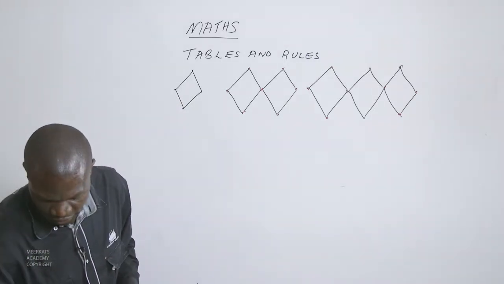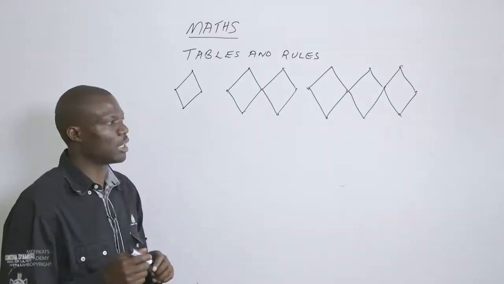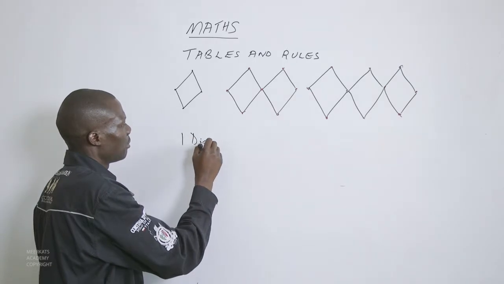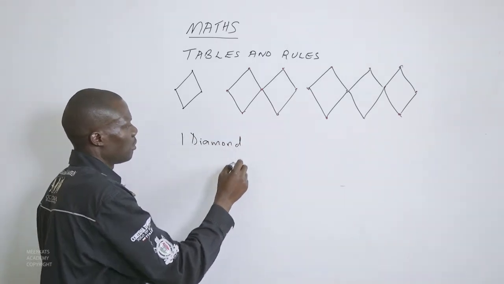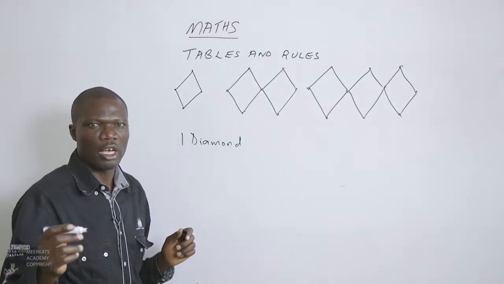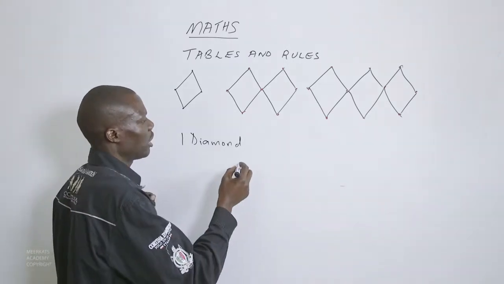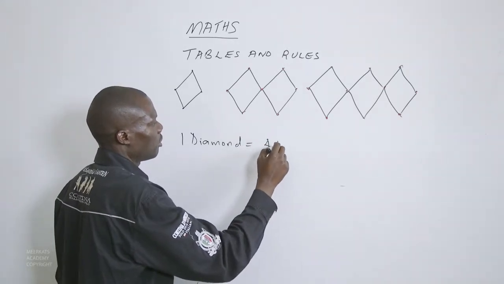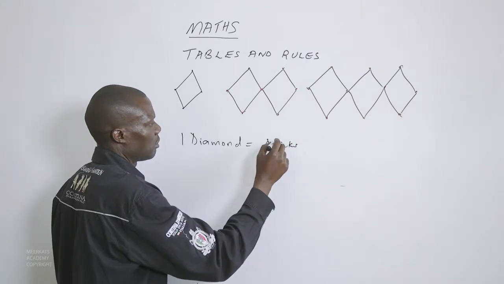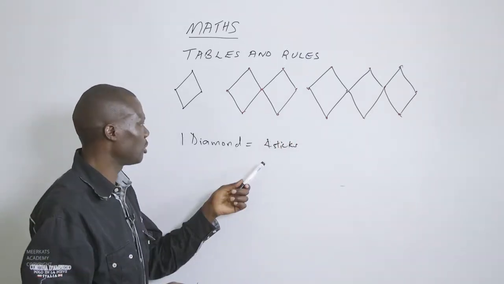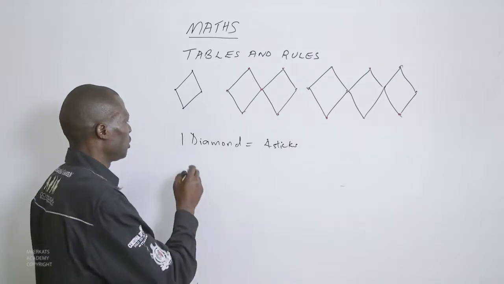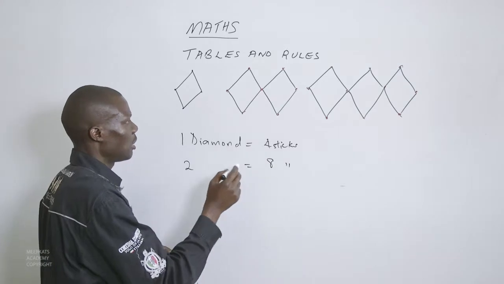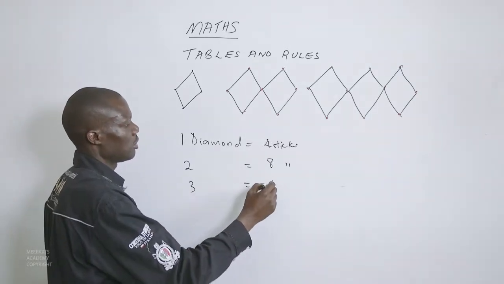You will notice that one diamond has used a total of 4 sticks. One diamond has used 4 sticks, 2 diamonds have used 8 sticks, and 3 have used 12.